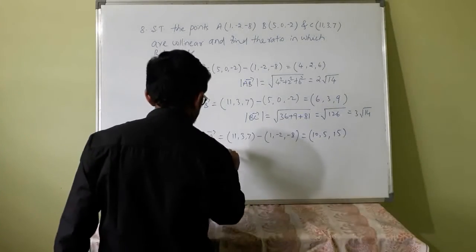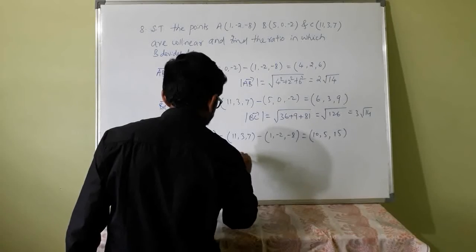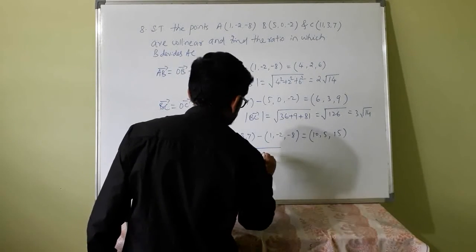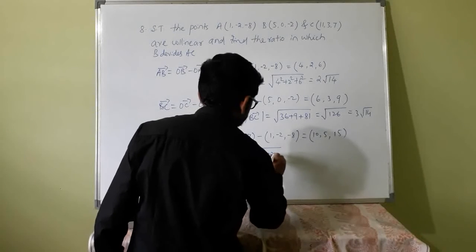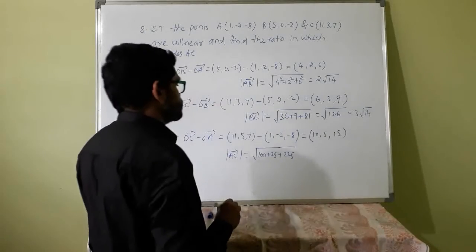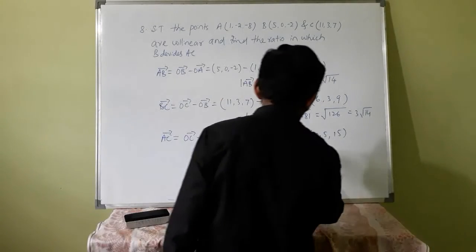Okay. AC is root of 100 plus 25 plus 225. 250, 350 it is.